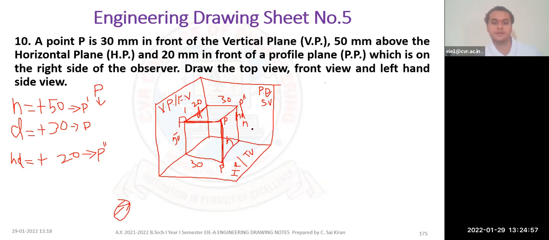Whenever you are drawing, you rotate the horizontal plane clockwise and the profile plane counterclockwise. This is my XY line, and this is my X1 Y1 line.